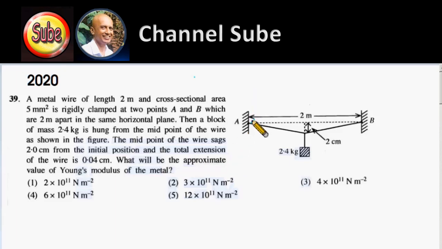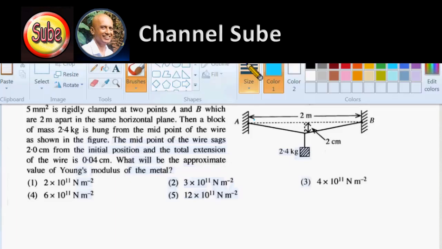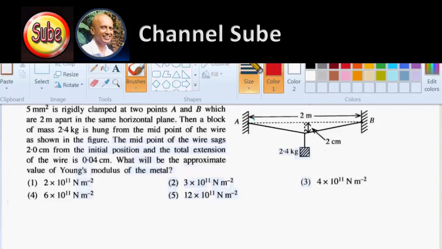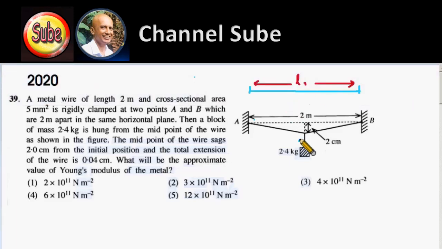Initially the wire was horizontally placed like this. So this length, say L1, and finally after this incidence, the shape of the wire is like this.